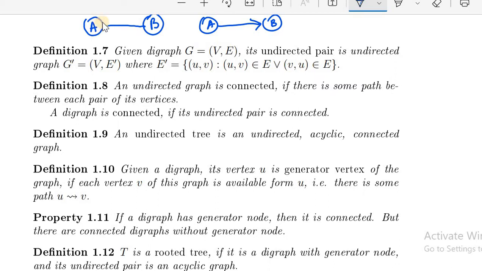And in case of undirected graphs, that means you can go from A to B as well as from B to A. While in case of directed graphs, the direction means a lot. So this means there is only a way from A to B and not vice versa.